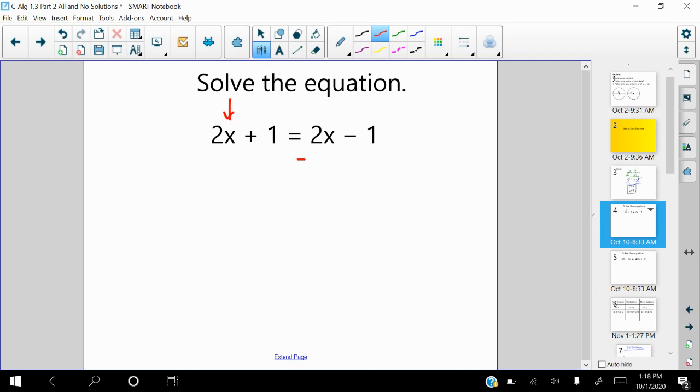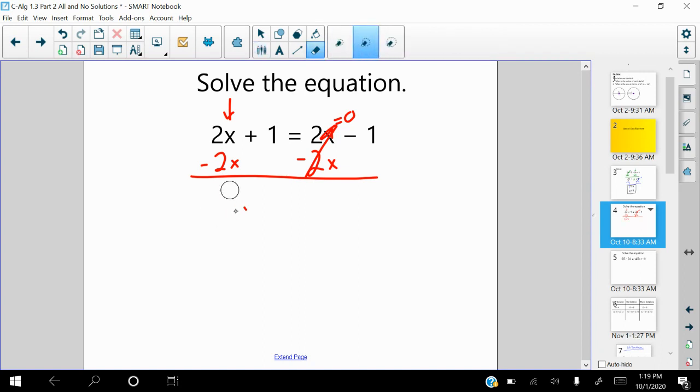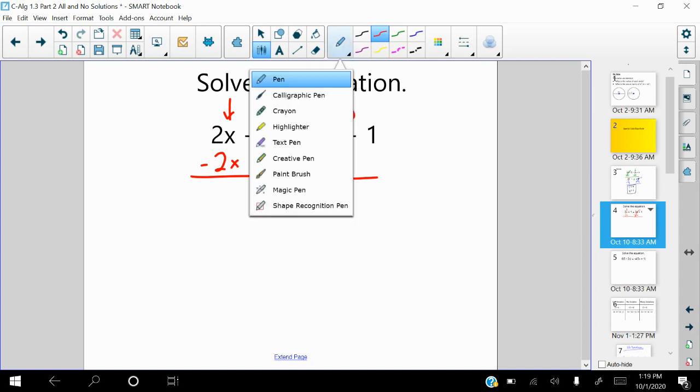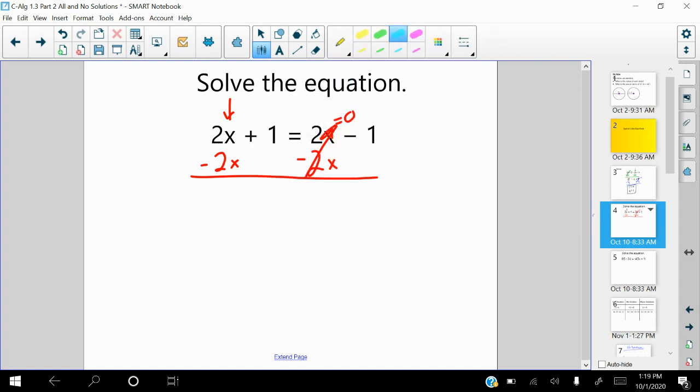So to do that, I subtract 2x on both sides. So what I do to one side, I do to the other. This goes to 0. So 2x minus 2x, that is 0x. But we don't really write 0x, we just don't write anything. So this also cancels out.